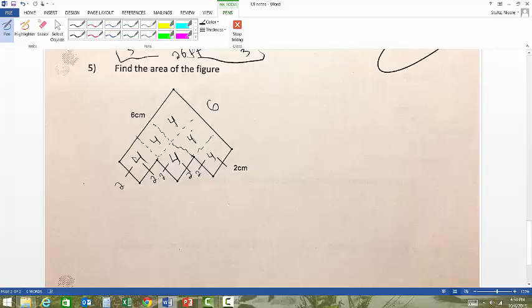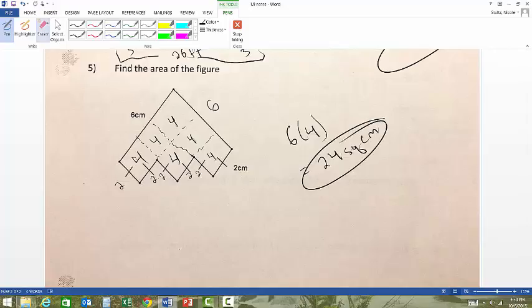And instead of doing 4 plus 4 plus 4 plus 4 plus 4 plus 4, we can just count up. There's 1, 2, 3, 4, 5, 6. So there's 6 4s, which equals 24 square centimeters. It's probably the way I would prefer to do it. I think that that's a little bit easier.